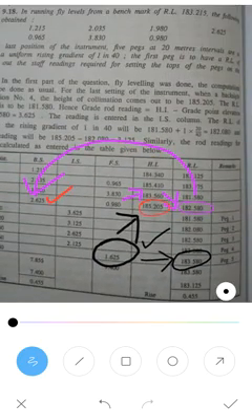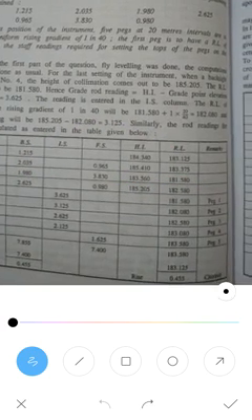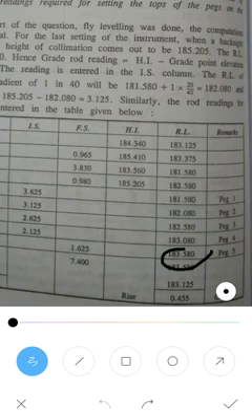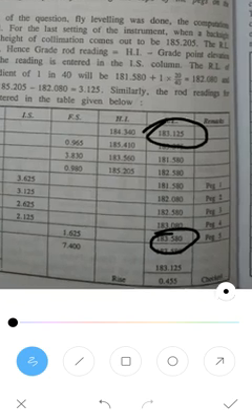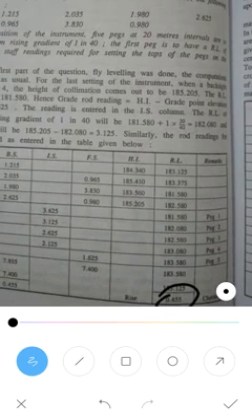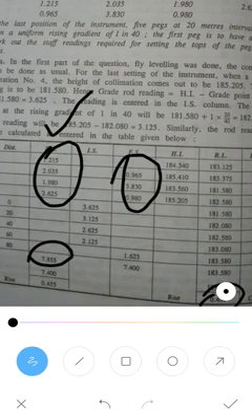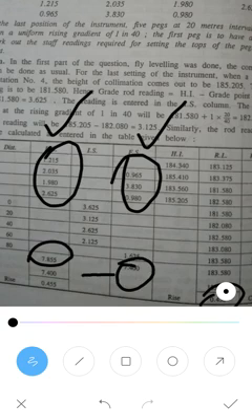Next, take the last RL minus the first RL and find the difference. That difference is 0.455. Here also you take the summation of backside and the summation of foresight, write them here, and take the difference.